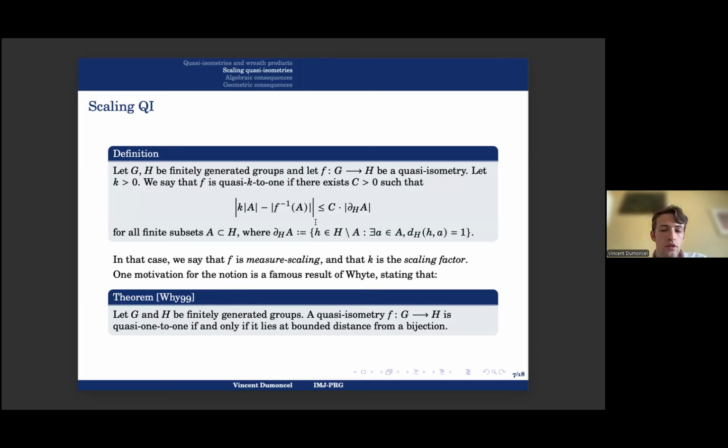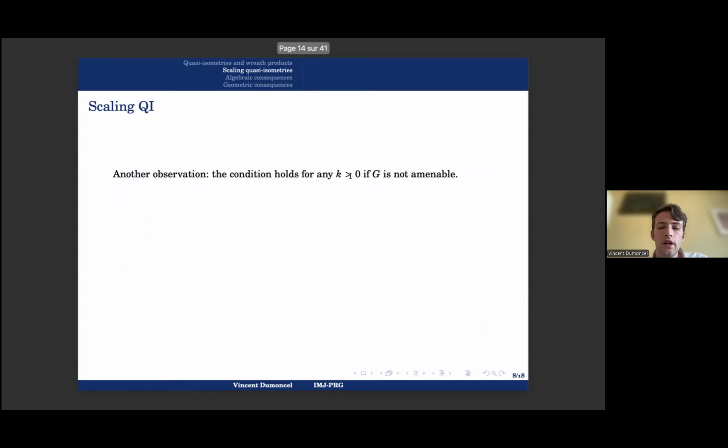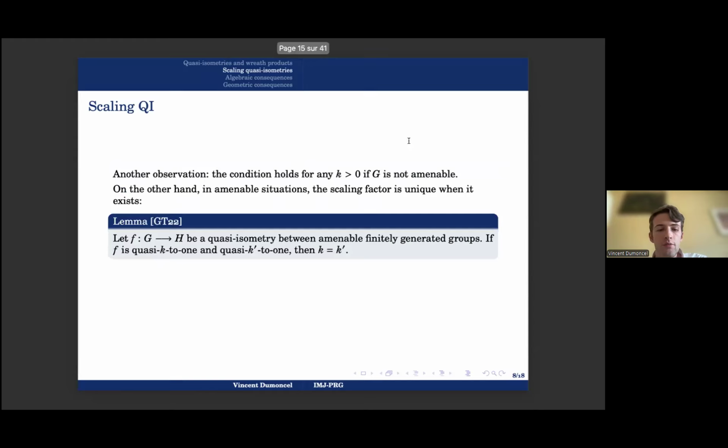It is just a use of the triangle inequality and the definition of non-amenability, and you always have this inequality for any k. Okay, so in order for scaling maps to be an interesting notion, we should restrict to amenable spaces. And for amenable spaces, it is much more interesting because here you can check also by a direct computation that the scaling factor, if it exists, is unique.